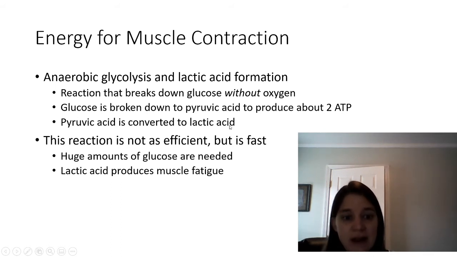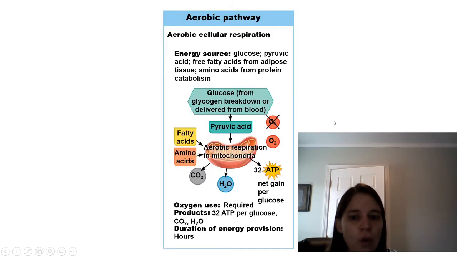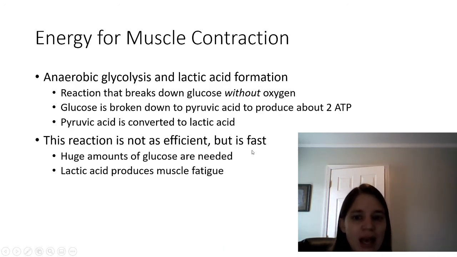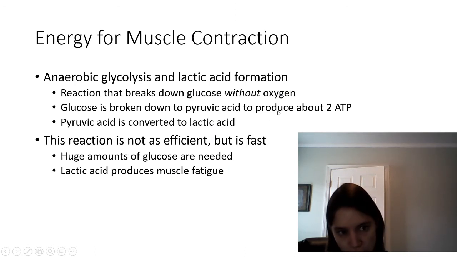Not very efficient, very fast. The problem is you burn through massive amounts of glucose doing this, right? So back here you get about 32 ATPs per glucose, right? Here you get 2 per glucose, so it's much less efficient.